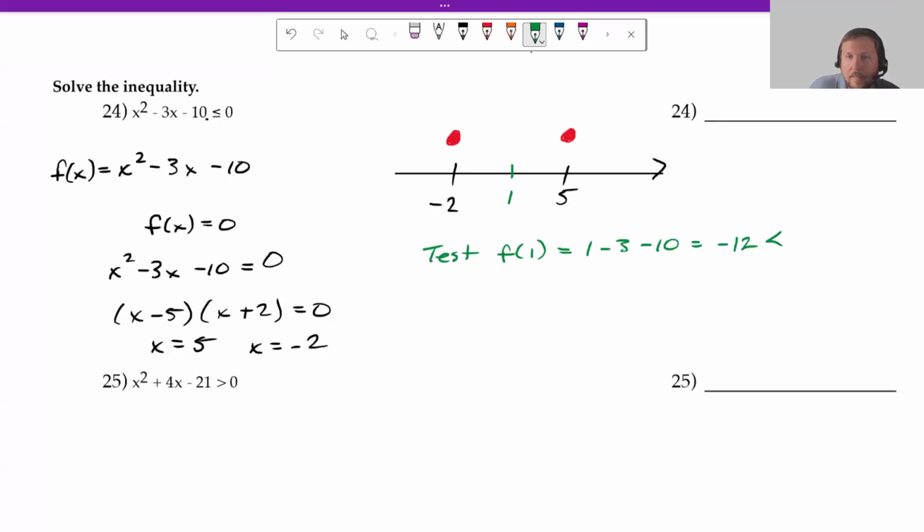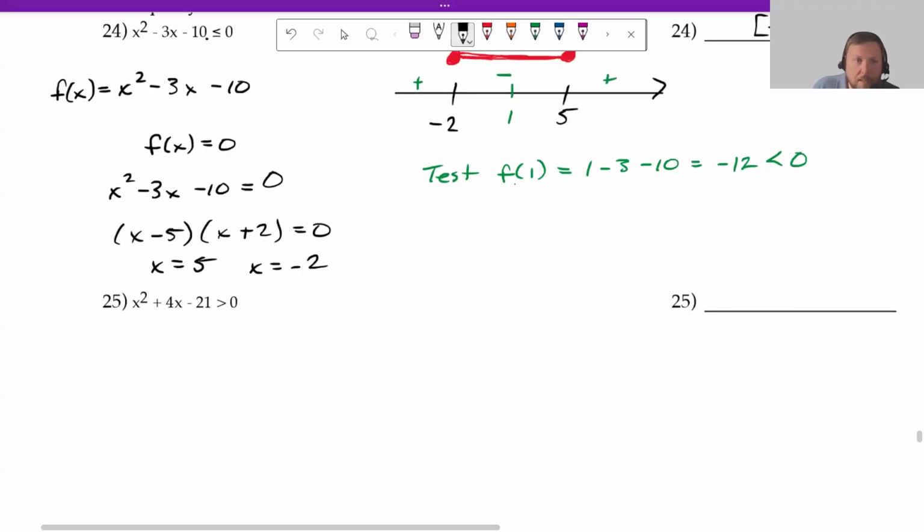We can see that's negative, so this region's a negative region. And that means that these other two regions will be positive. What we were trying to find was less than or equal to 0, so the region that we want is just this one. Now you could have more than one region, but for this problem, the solution is just -2 inclusive to 5 inclusive. That's it. We solved it.